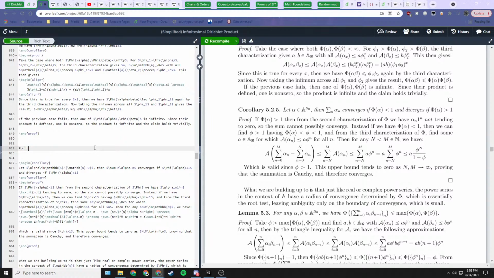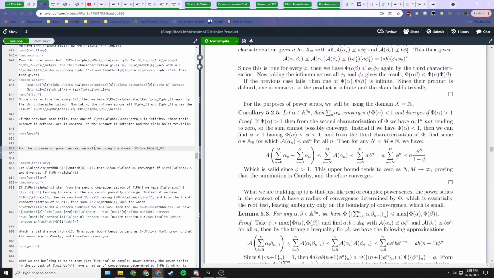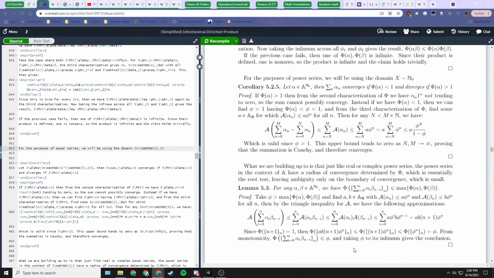or rather, for the purposes of power series, we will use the domain x equals n0. Domain, there we go. Okay, for power series, we'll be using domain x equals n0.